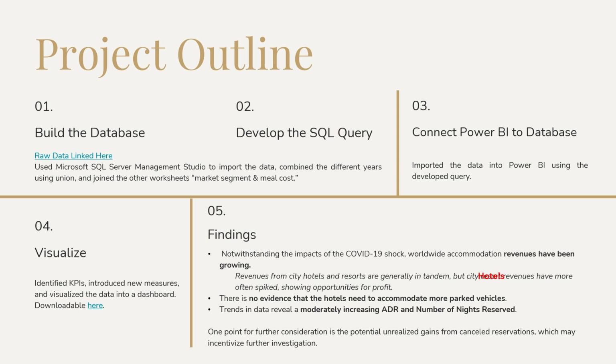And what other trends do the data reveal? They reveal a moderately increasing ADR and number of nights reserved. So basically, hotels are in business. And as we had discussed earlier, one point that might need a little bit more investigation is unrealized gains from canceled reservations. They do incentivize further investigation with the new BI applications, with the data analysis, especially now that everything is highly automated, highly electronic. If we can get the data of, for instance, when customers use the app to book, when do they cancel their registration?